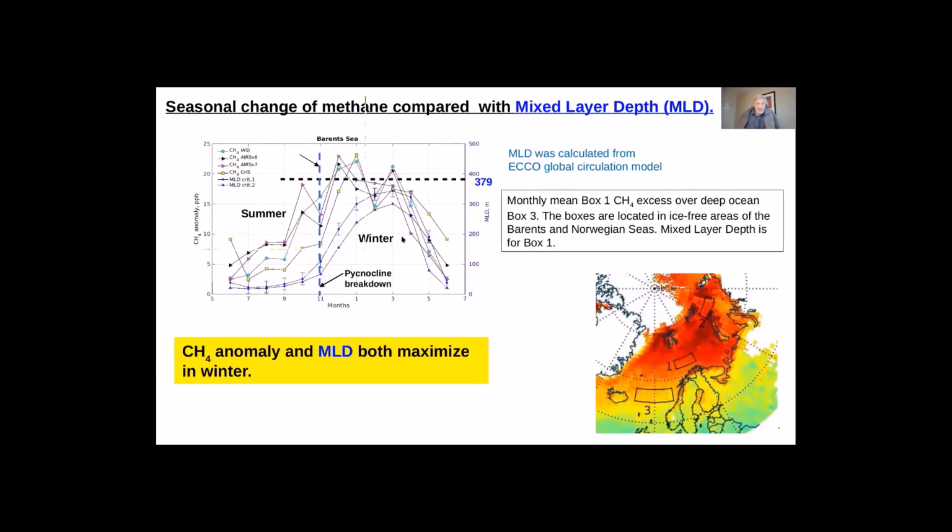That means that in winter, the total column of the Barents Sea is mixed, and the barrier for methane is minimal. So that explains the change in methane anomaly.